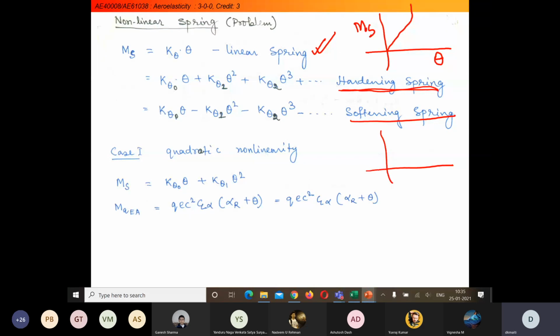In some materials we may get softening behavior like this, and in some we can get hardening spring behavior. Usually most materials have viscoelastic properties. When the viscoelastic property is predominant, we get this behavior with a viscoelastic material. Have you heard about viscoelastic material?